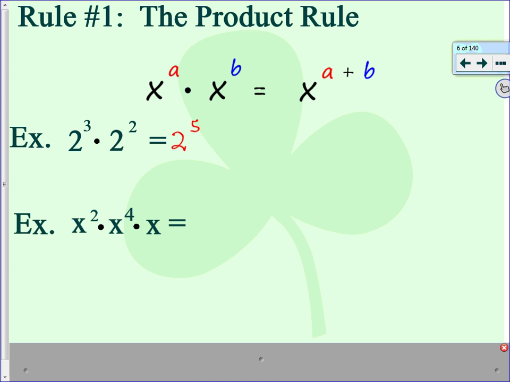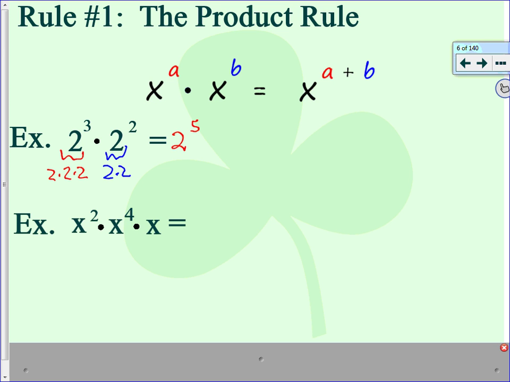And so that's where it's confusing because you think, oh, I'm going to multiply. But the act of multiplying is accomplished by adding those exponents. So it's still 2 to the 5th power because 2 to the 3rd is 2 times 2 times 2. And then 2 squared is 2 times 2. So that's why it's still a 2 to the 5th power.